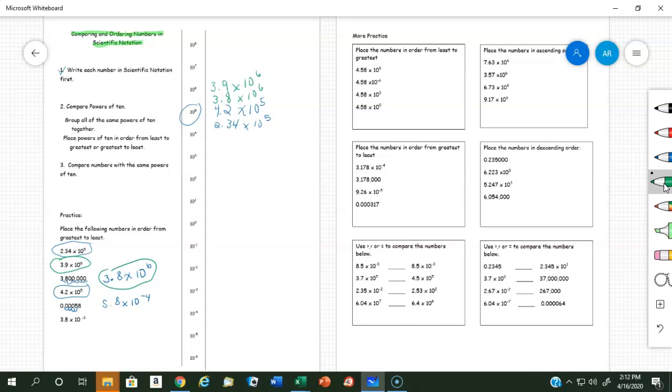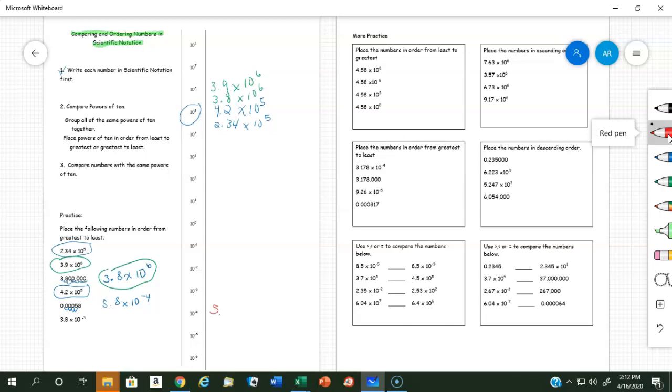Let me change to another pen color. I'm doing another grouping, so let's change that one to red. None of the rest of mine are in the same category, so that's okay. Here's my 5.8 times 10 to the minus 4th, which is here.